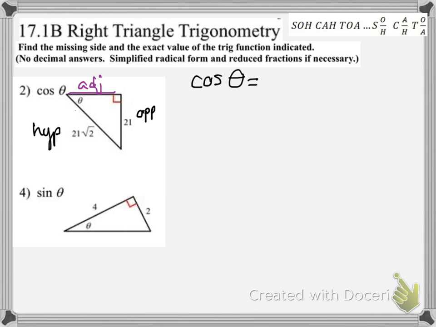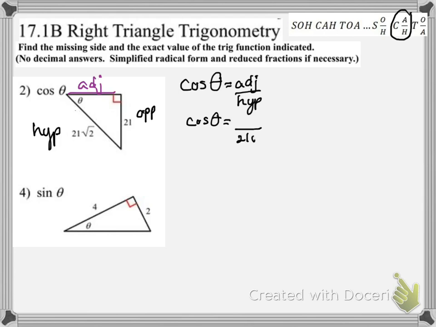And cosine is adjacent over hypotenuse. In this case, I already know my hypotenuse, 21 square root 2, but I do not know the adjacent side. I've got to figure that out.